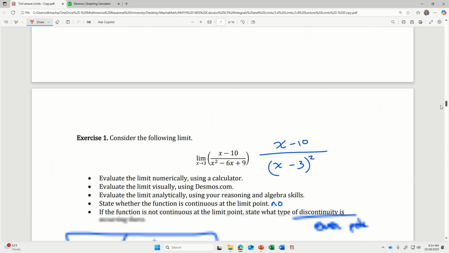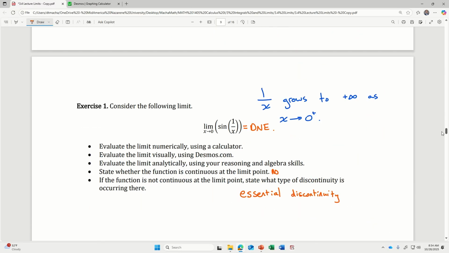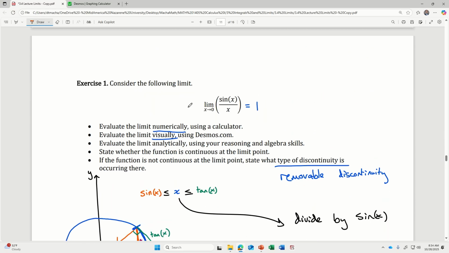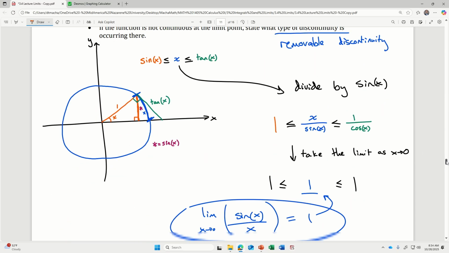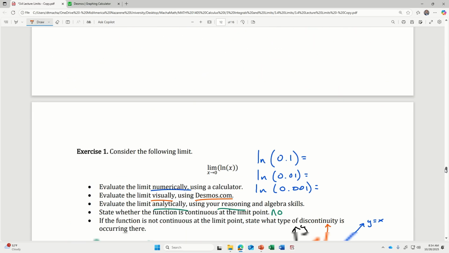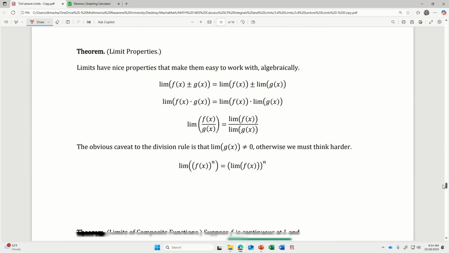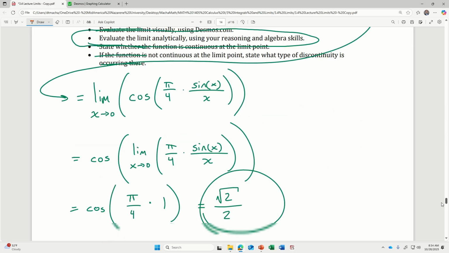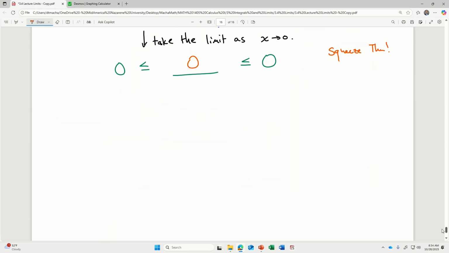Even when you cannot directly evaluate the limit by plugging in x equals the limit point, you can still say something smart about what the limit will be, right? Like, I can't plug in x equals 0 and get sine of 0 divided by 0. That'd be 0 divided by 0. That doesn't make any sense. But it still has the limit of 1. These are the things we're most interested in.